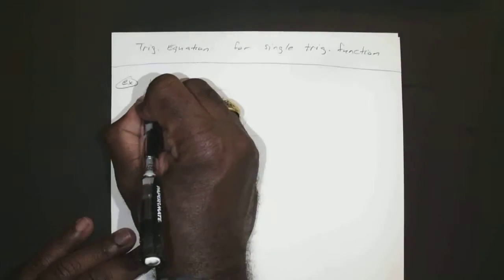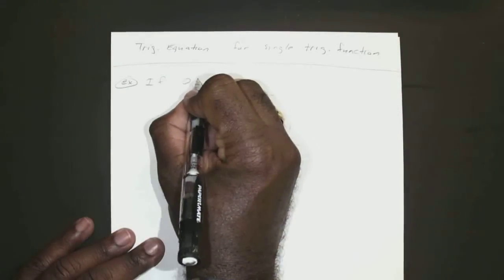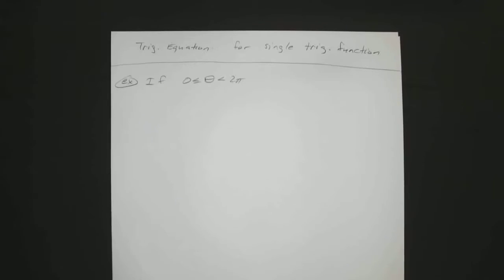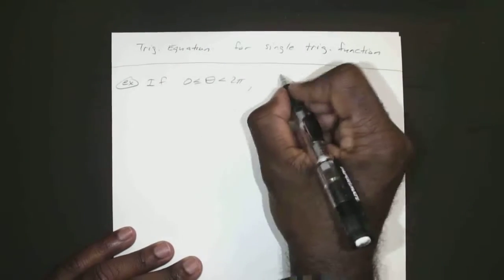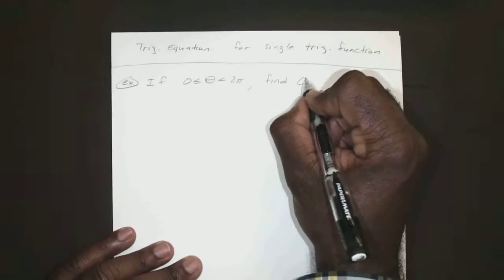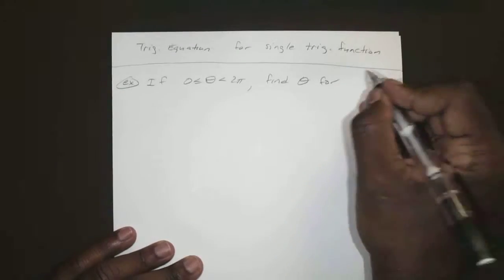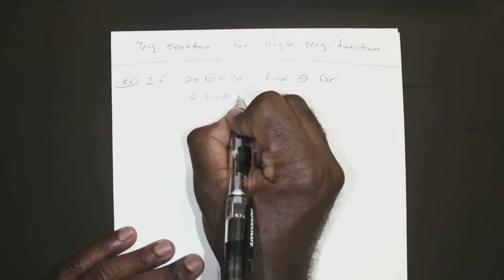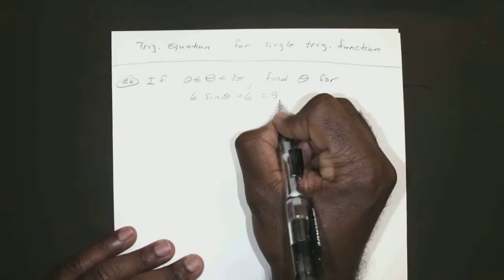Okay, so let's say 0 is less than or equal to theta is less than 2 pi. So theta is somewhere between 0 and 2 pi. So let's say we want to find theta for 6 sine of theta plus 6 equals 9.